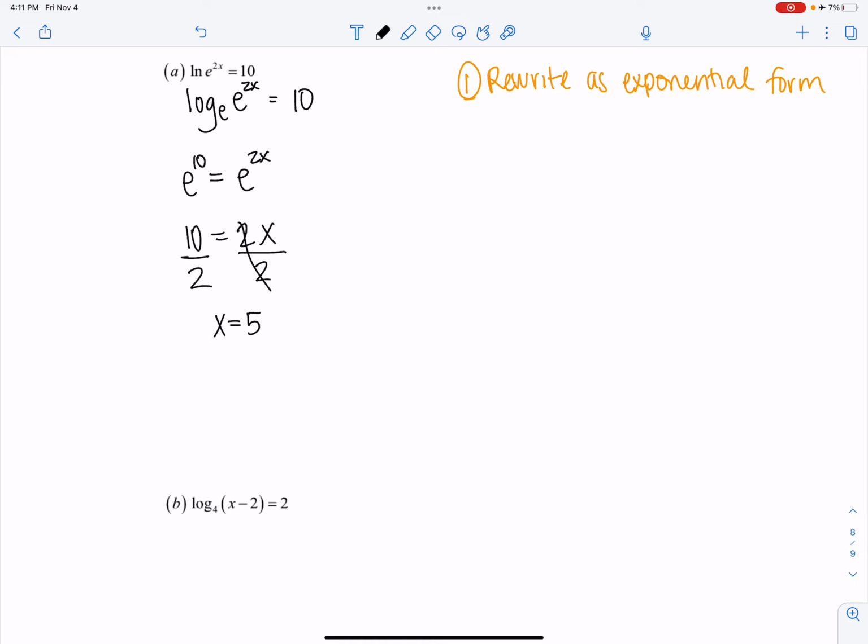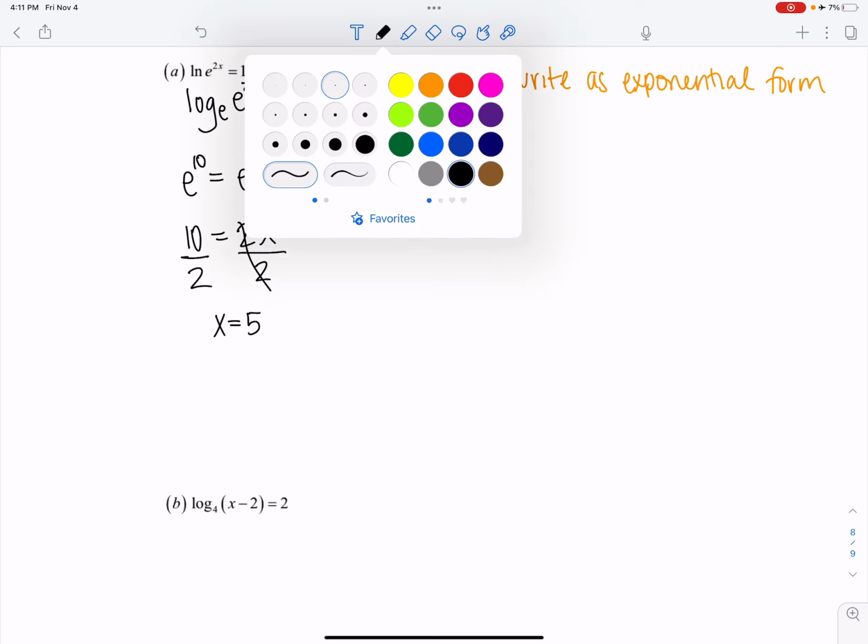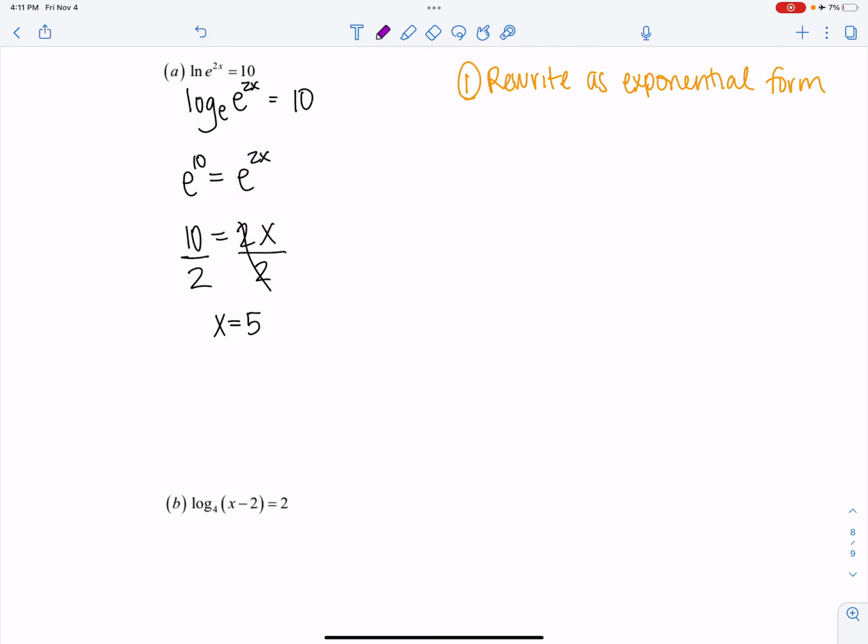Now, the most important thing that you should be doing is when you solve one, double check it. So let's check our answer. Let's plug the 5 back in. So we have natural log of e to the 2 times 5 equals 10.